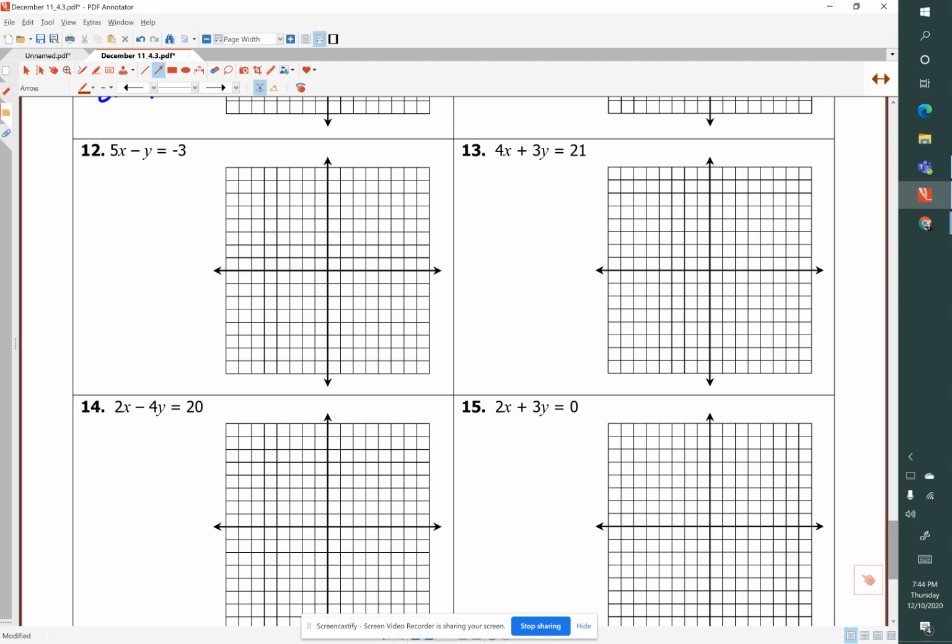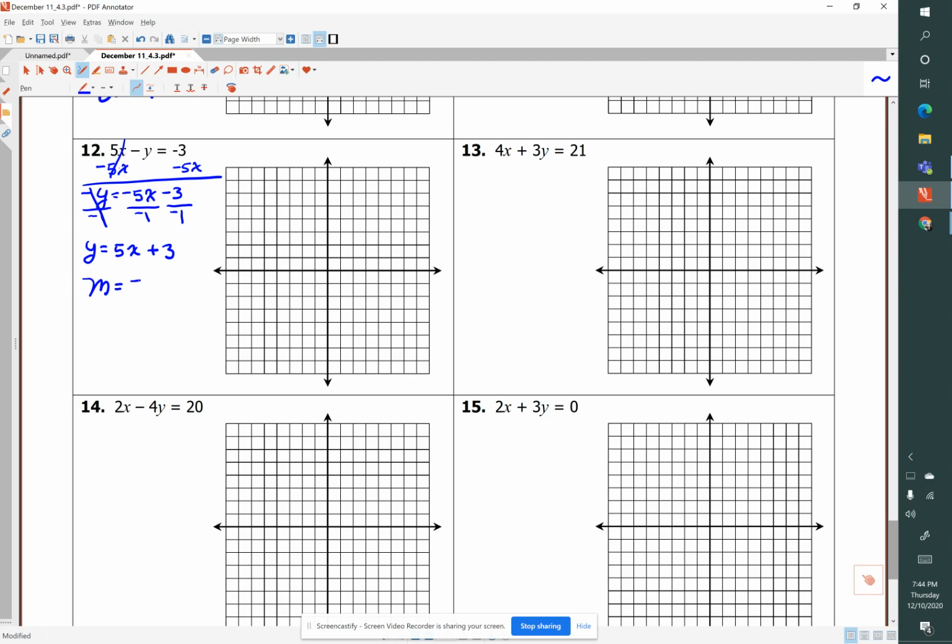Number 12. We will first subtract 5x from both sides, which gives us negative y equals negative 5x minus 3. Now we have to divide everything by negative 1 to get rid of the negative sign in front of the y, which will leave us with y equals 5x plus 3, because negatives divided by negatives are positive.